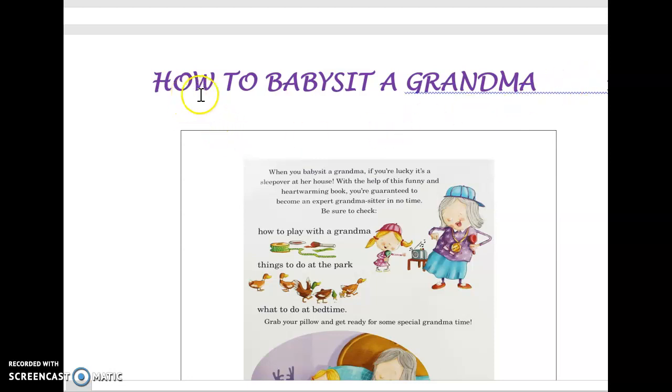Now if you've noticed, I've done it in colour, and I've done it in capital letters, and I've done it in fancy writing. And that's okay because this is a title. So you can choose to do that, but I want you to make the title look different because it has to stand out like a title.